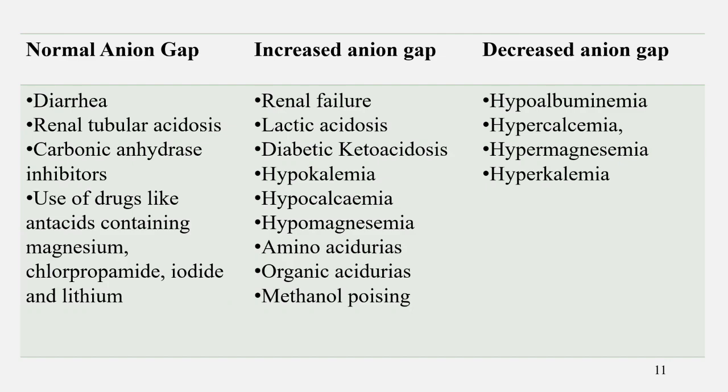In these conditions, anion gap is increased. Decreased anion gap is seen in decreased albumin levels, that is called hypoalbuminemia, hypercalcemia, hypermagnesemia, and hyperkalemia. These are the increased, decreased, and normal anion gap causes.